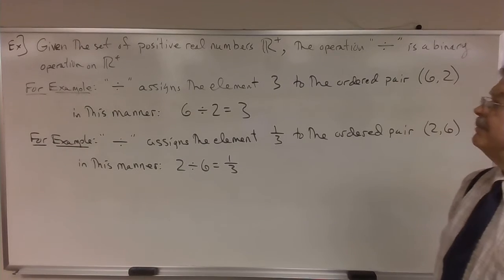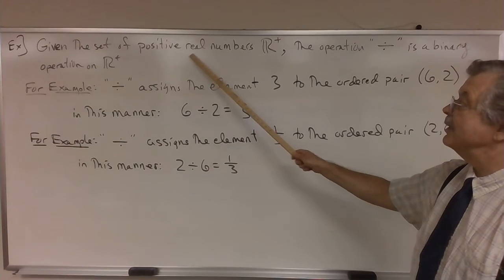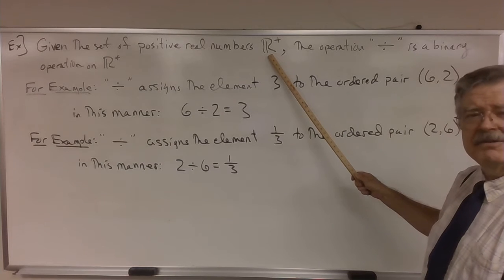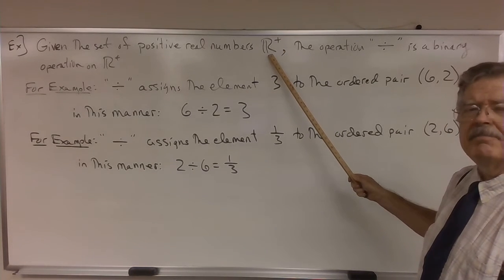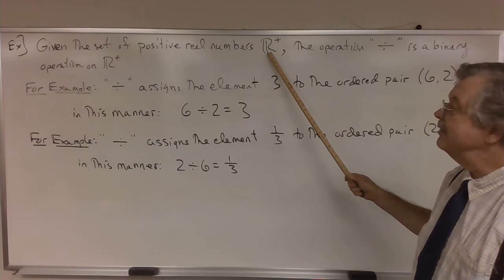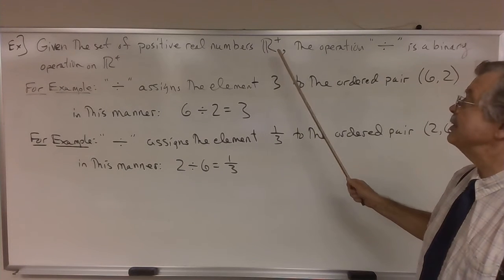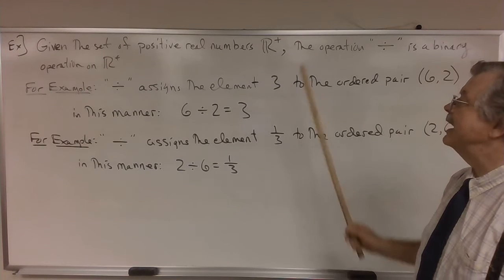Another example. Here we're going to work with the set of positive real numbers, R plus. So these are the positive real numbers. The negative real numbers and 0 are excluded from this set.